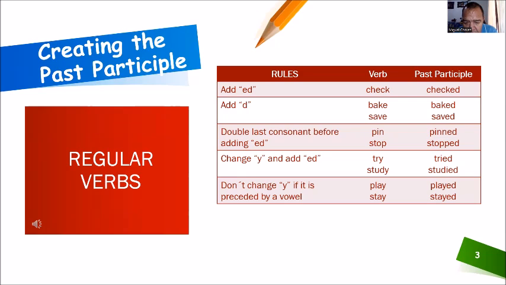If the verb ends in a consonant plus y, change the y to i and add -ed. For example, try becomes tried, and study, studied. If the verb ends in y preceded by a vowel, don't change it, just add -ed. For example, play becomes played, and stay, stayed.